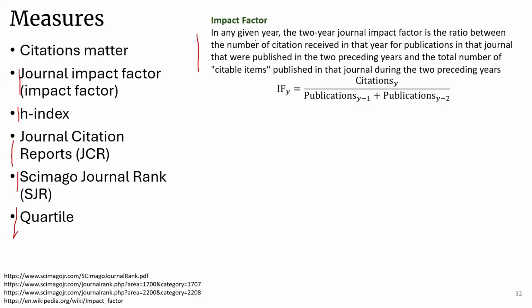So the impact factor of this year, IF_Y, is actually citations received in this year for the publications in the last year and the year before. Yeah, that is the impact factor.